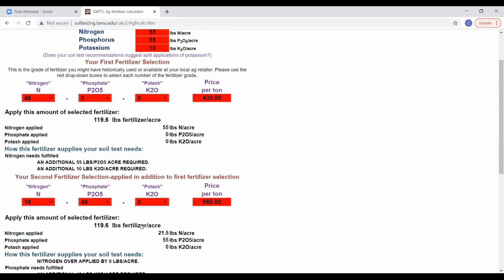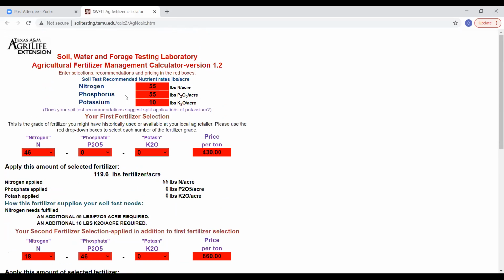So now we go right back up here to the top, to our soil test recommended nutrient rates per acre. So we divide, and I'm a person that has to use a calculator, so bear with me here just a minute. My wife is a mathematician, so she would laugh at me right now.